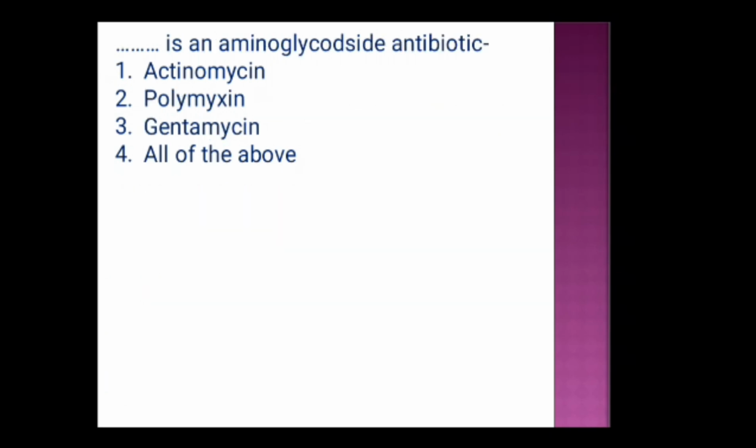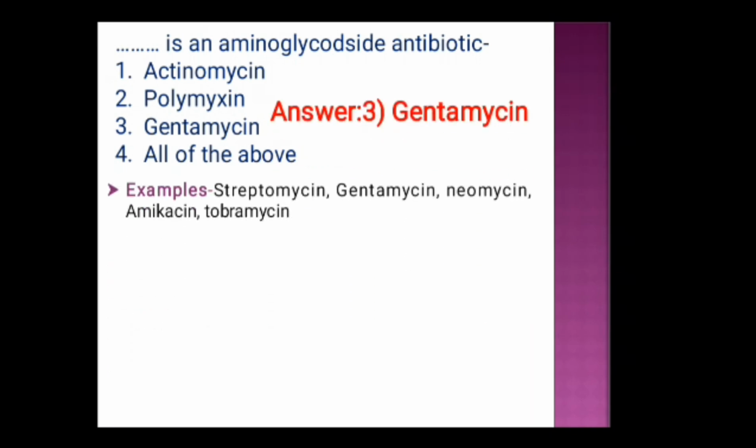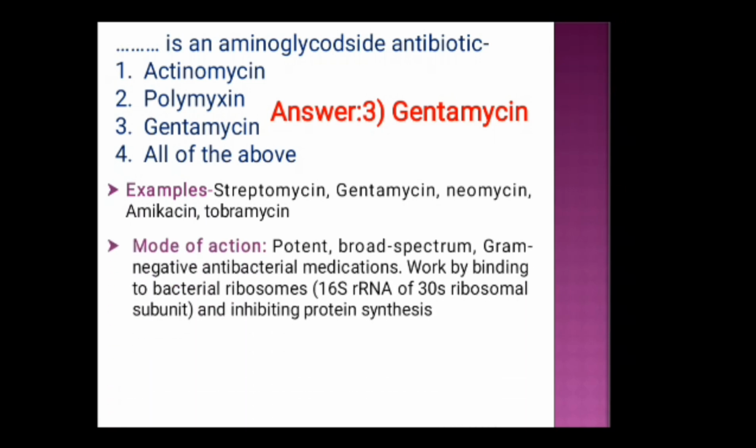Next, blank is an aminoglycoside antibiotic. Option 1 actinomycin, option 2 polymyxin, option 3 gentamicin, option 4 all of the above. And the correct answer is option 3 gentamicin. Gentamicin, streptomycin, neomycin, amikacin, tobramycin, these are aminoglycoside antibiotics. These are potent broad-spectrum gram-negative antibacterial medication.